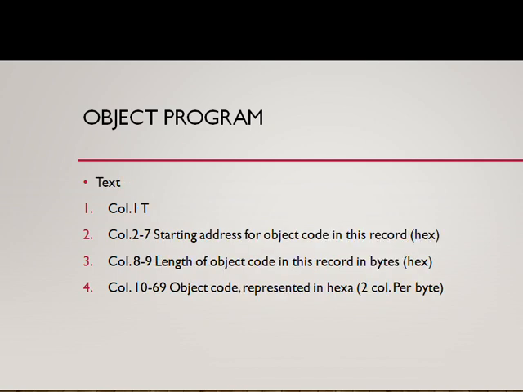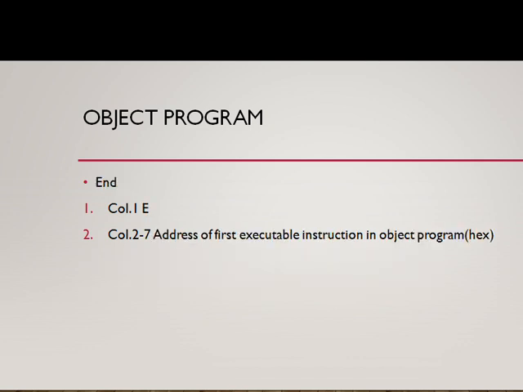The first column represents T, columns 2 to 7 represent the starting address, 8 to 9 represent the length of the object code, and 10 to 69 refer to the object code representation in hexadecimal. Then end. Column 1 will be E, and 2 to 7 represent the address of the first executing instruction of the object program in hexadecimal.